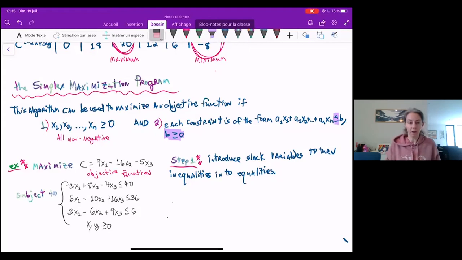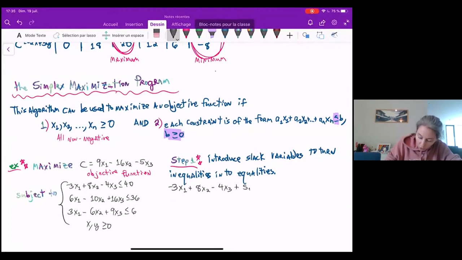So a slack variable is some number that we're adding that makes up the slack between how much less than 40 it is. For example, if it equaled 38, the slack variable would be 2 and make the thing equal to 40. So when I rewrite this with my slack variables, I'll have negative 3x1 plus 8x2 minus 4x3 plus, we'll call this S1, equals 40. And that S1 is my slack variable here.